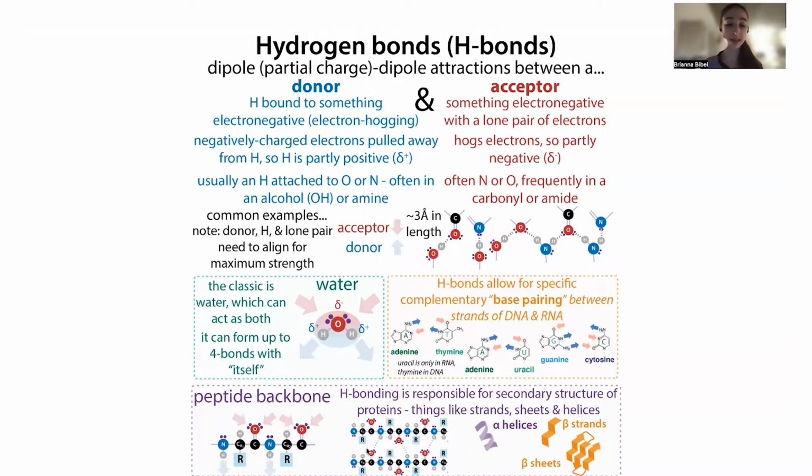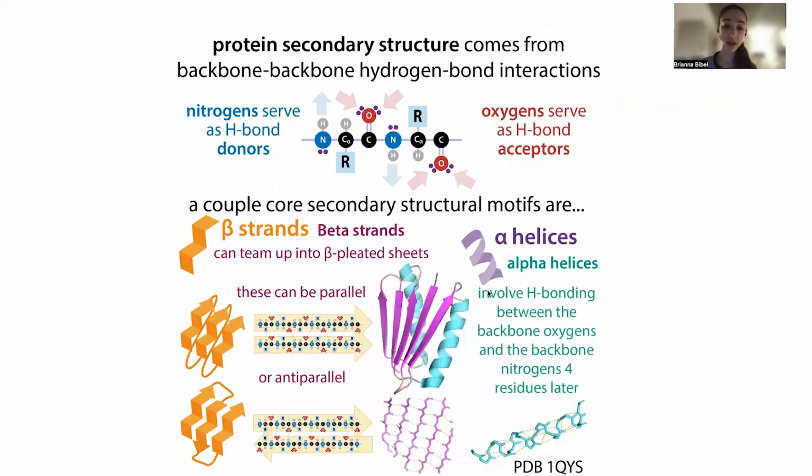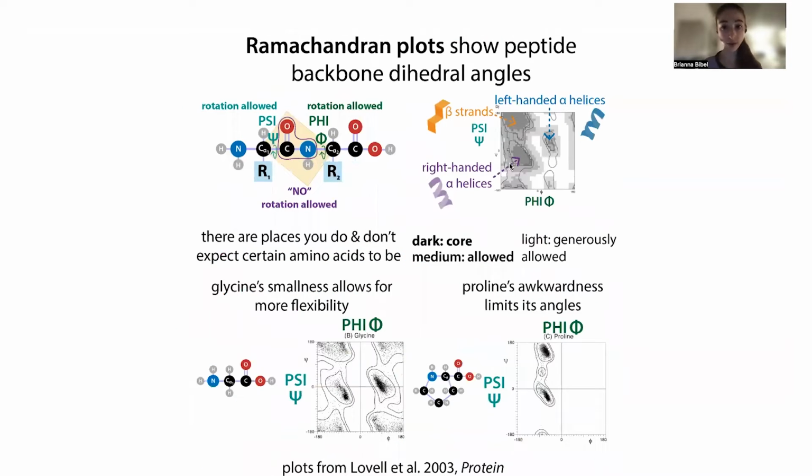And so because you have that ordered arrangement, you have those favorable angles, and you have the ability to form these hydrogen bonds, you end up with these characteristic structures, and these characteristic structures are going to have characteristic psi phi angles. And so if you solve the structure of a protein, you figure out what it looks like, and then you take all those different atoms and you plot the angles that they're taking, you get a characteristic distribution.